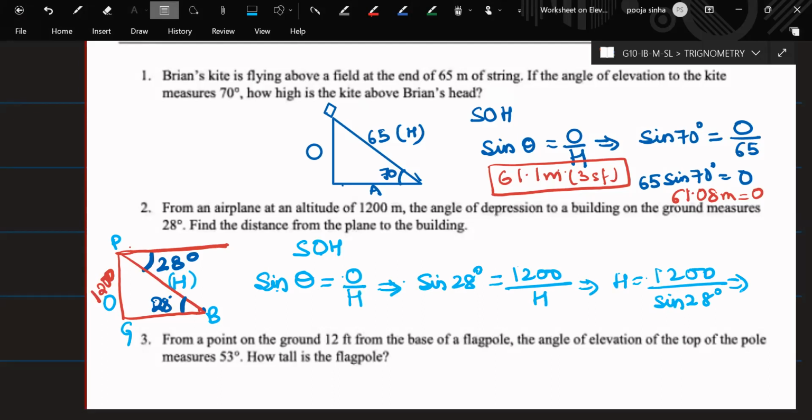Miss, the answer is 2556.1, or 2556.065. Can you give me the answer in three significant figures?